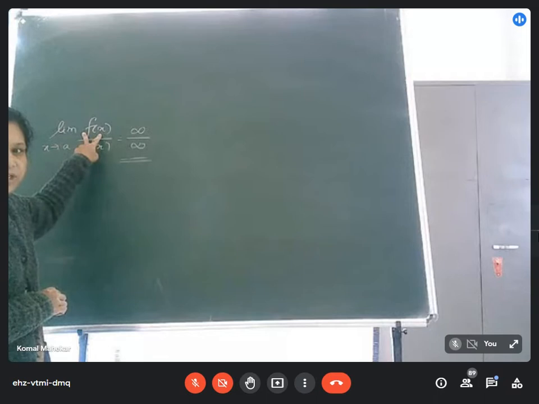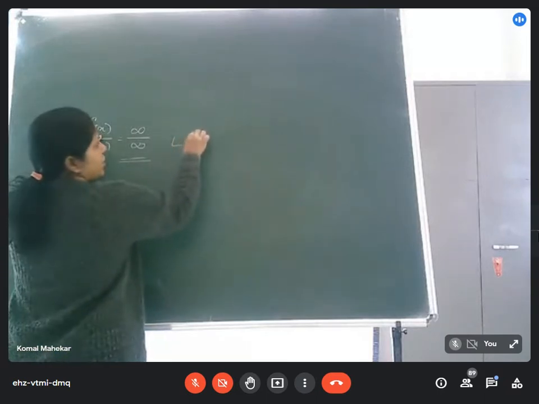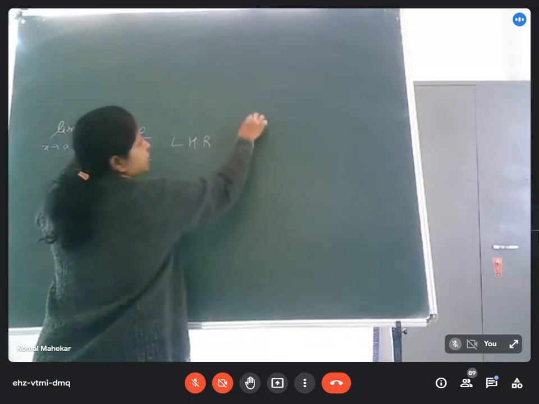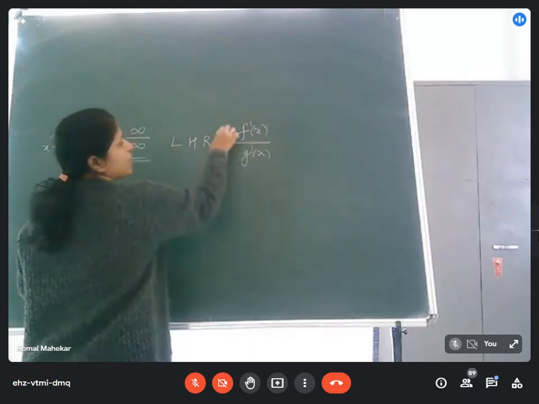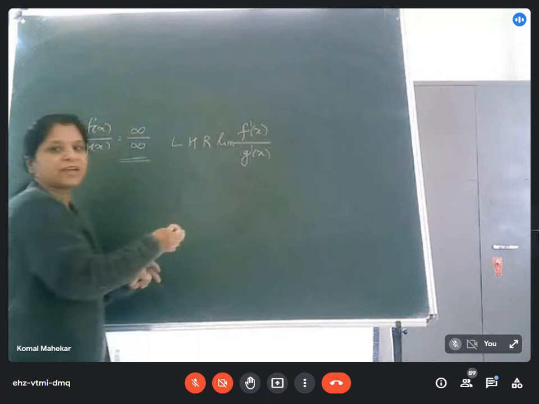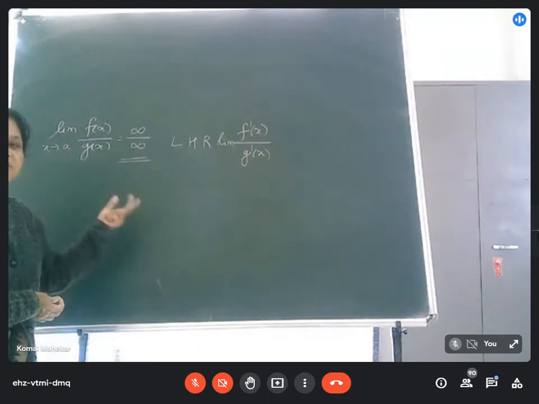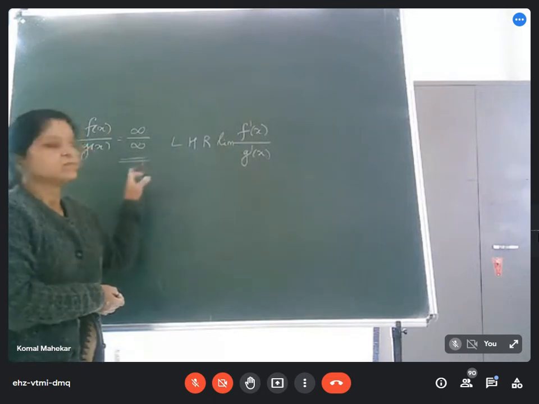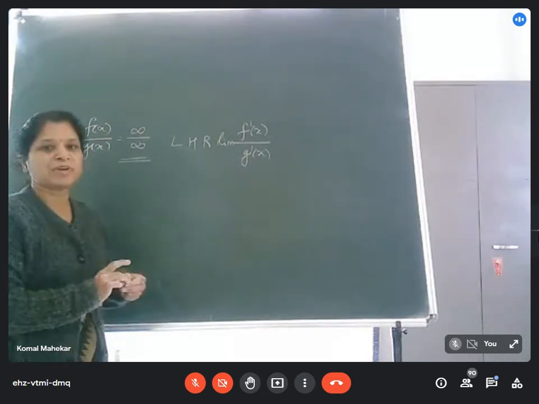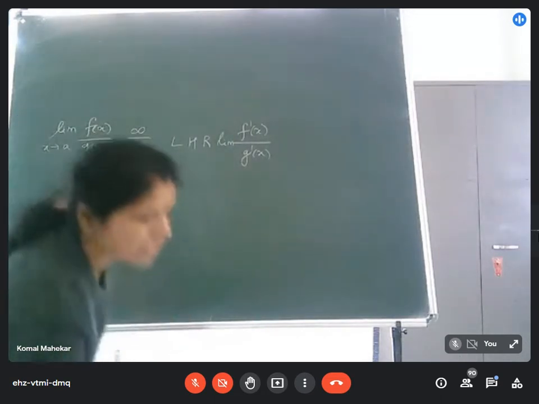We differentiate the numerator and denominator with respect to x, find f dash x as well as g dash x, then apply the limit. If the limit is finite, then it is the answer. If it is again infinity by infinity form, then again use the L'Hospital rule. So the same procedure is there.